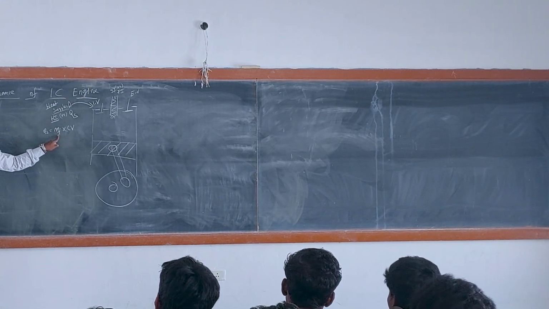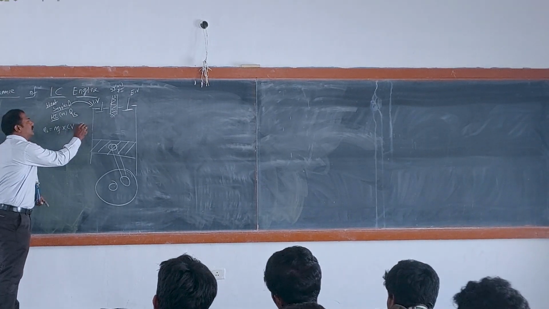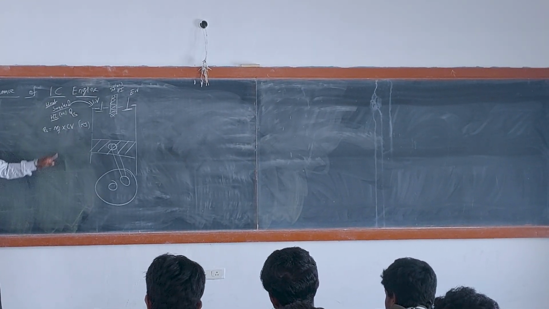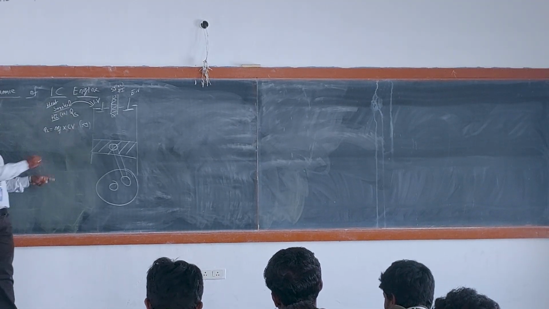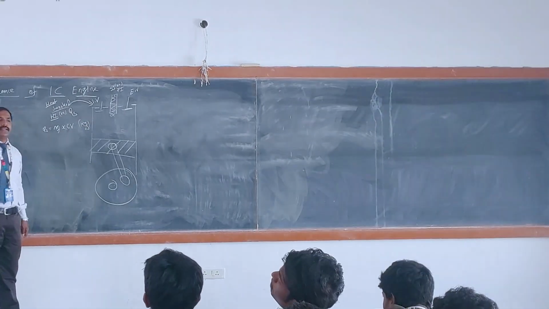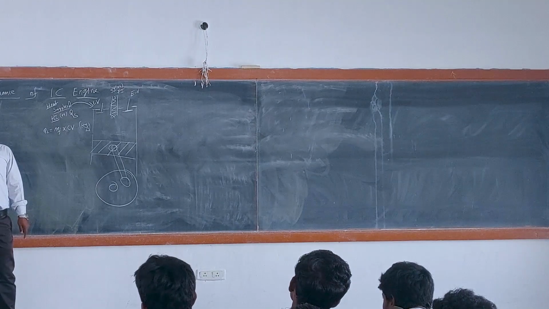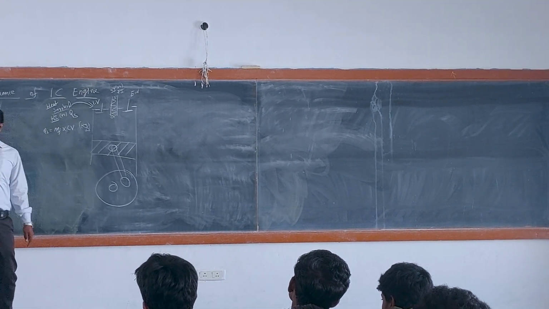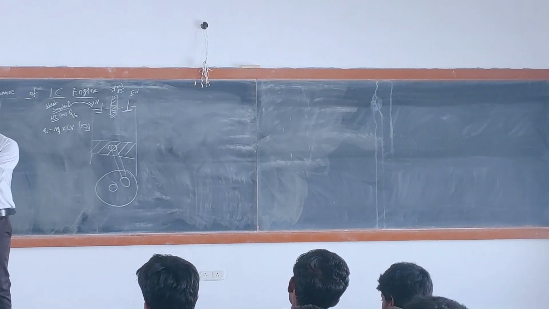If mass is in kg, the result will be in kilojoules. If mass is in kg per second, the result will be in kilojoules per second, nothing but kilowatt. That is the heat supplied to the system, the total amount of heat.